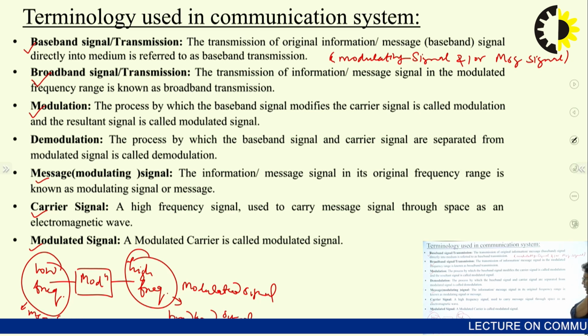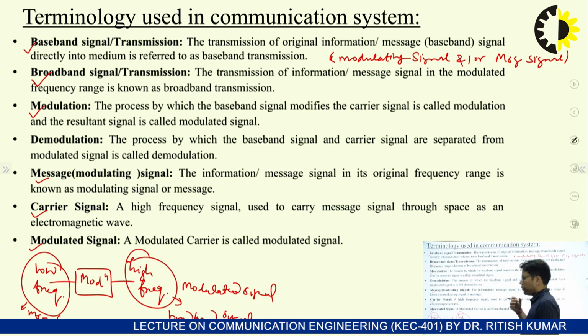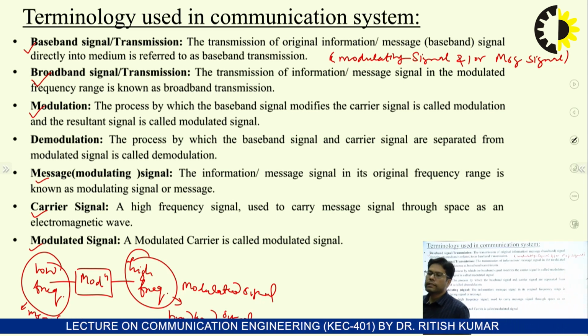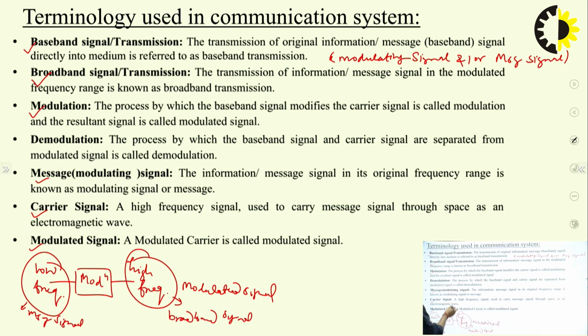The same process you are doing here. With the help of a carrier signal, a high frequency signal, you can modulate it with the message signal, and you can convert this low frequency signal into a high frequency signal, and with the help of this modulation technique it is possible to have long distance communication. So this is the basic principle behind the modulation technique.